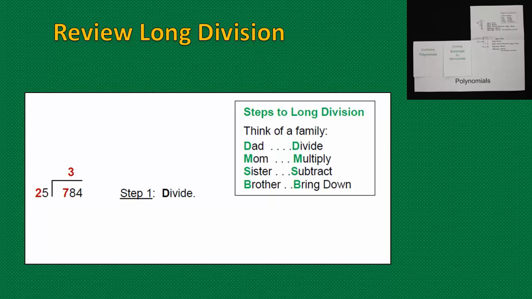Step 1 is to divide. 25 is a two-digit number, and so it needs to go into the first two digits of 784. But we're going to think 7 divided by 2, which is 3. But the 3 goes above the 8 because we were really dividing 78 by 25.